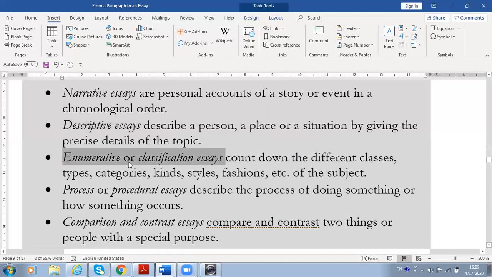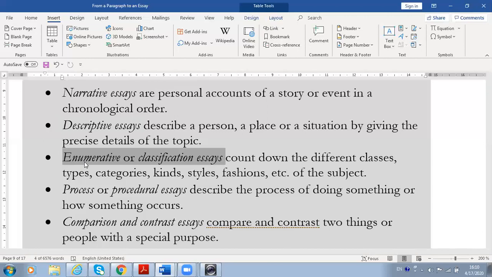Okay. The next type of essay is enumerative or classification essays. In enumerative or classification essays, usually you are counting down different classes, types, categories, kinds, various styles or different fashions of a subject, okay?